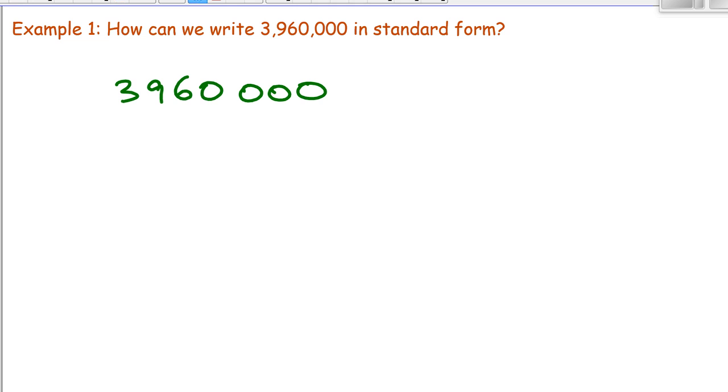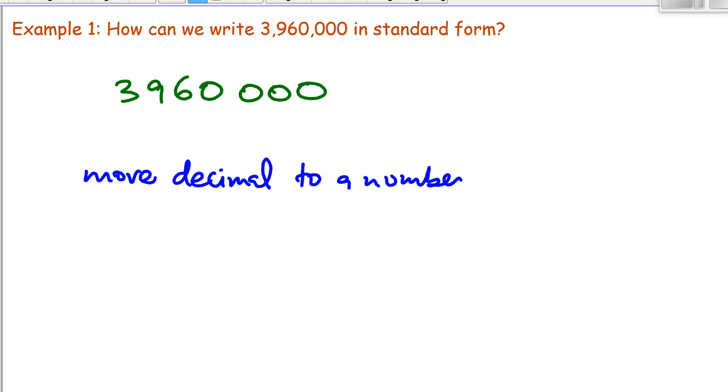Now the process of writing this is we are going to move the decimal to a number between 1 and 10. So this is where the decimal is.